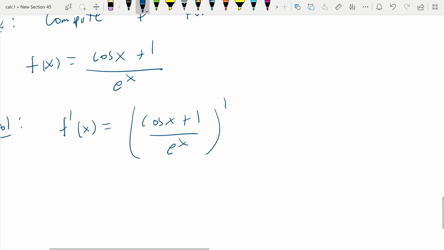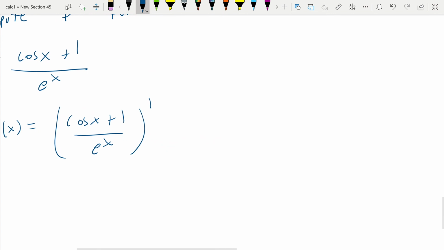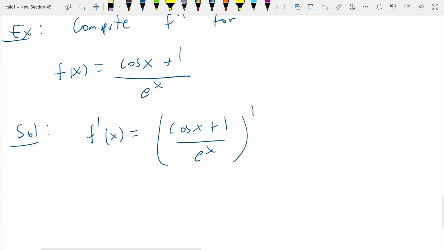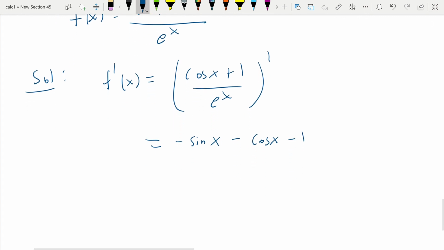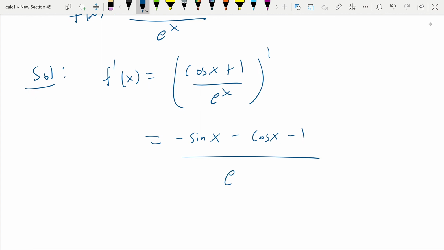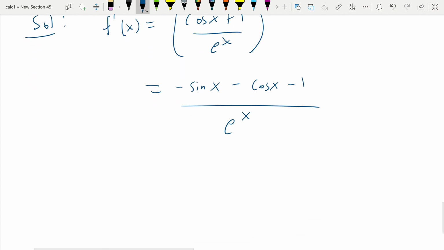You can use the quotient rule here, and after some computations, this is going to be equal to minus sine of x minus cosine of x minus 1, all divided by e to the x.